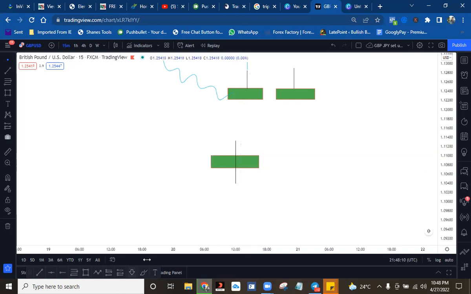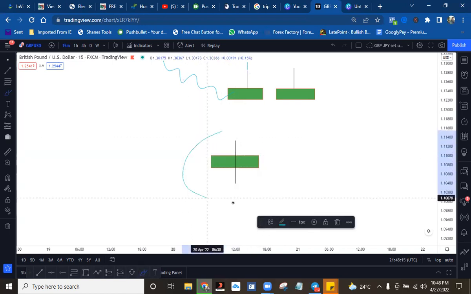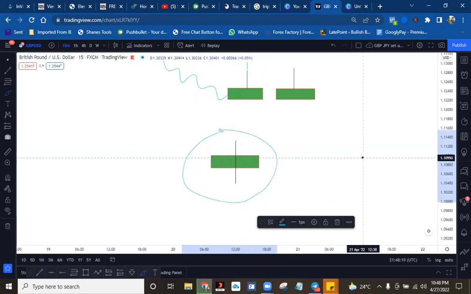You can see it anywhere. By the time we get into our charts to begin to find all these candlestick patterns, you begin to understand it much better.